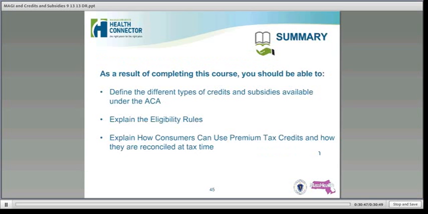So the caps range from $600 for married taxpayers, $300 for single with household income under $200, to $2,500 for married taxpayers with household incomes above $300, but less than $400. We have a hyperlink here to the IRS to get a little bit more information on this. Actually, just so you know, the reconciliation process is handled by the IRS at tax time.